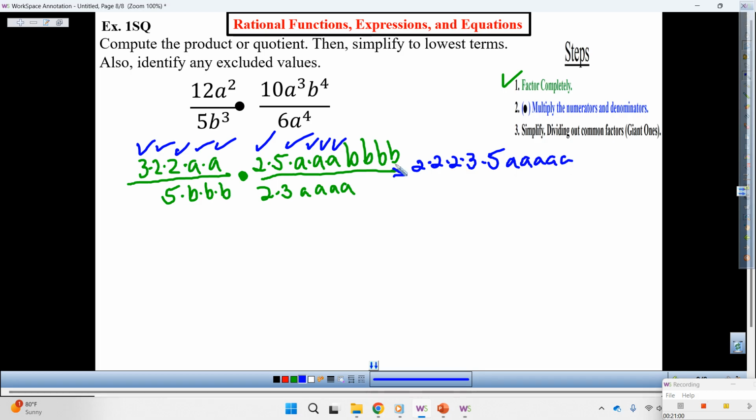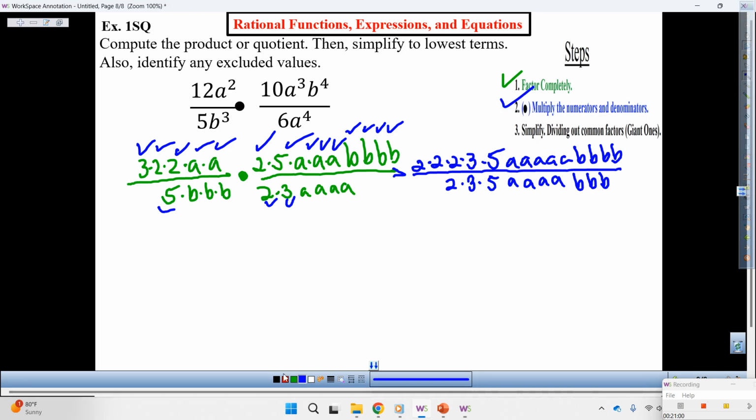A. How many B's? 4 of them. 1, 2, 3, 4. Over 2 times 3 times 5. Then I got how many A's? 4 of them. 1, 2, 3, 4. How many B's? 3. 1, 2, 3. Step 2, done.